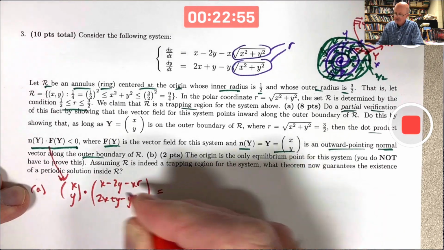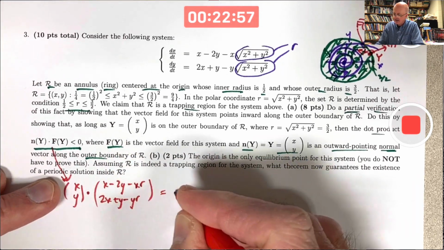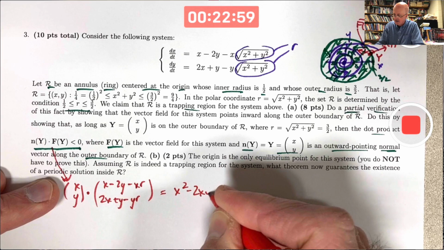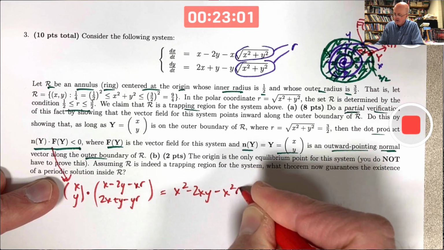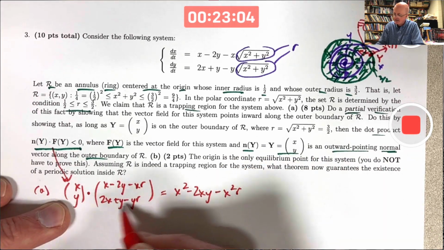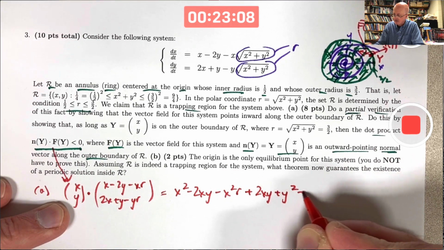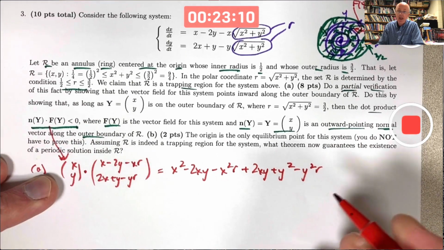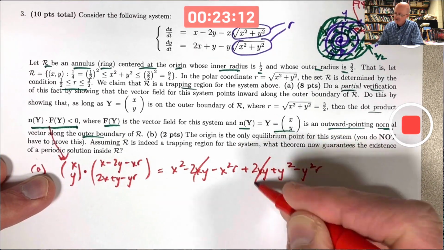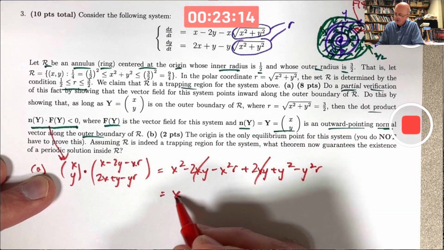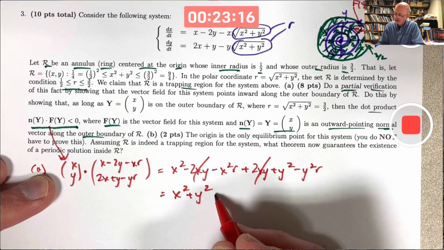Take that dot product. You get x times this thing, which is x squared minus 2xy minus x squared r, and then plus y times this thing, plus 2xy plus y squared minus y squared times r. And simplify. These two terms cancel. The x squared plus y squared terms can be put together.